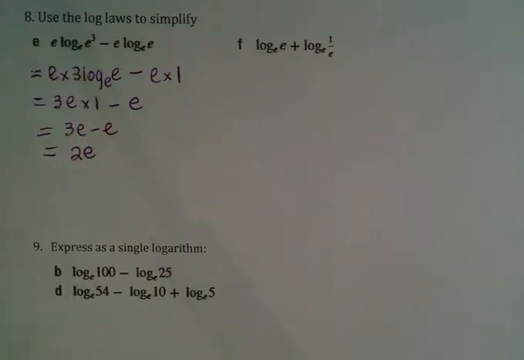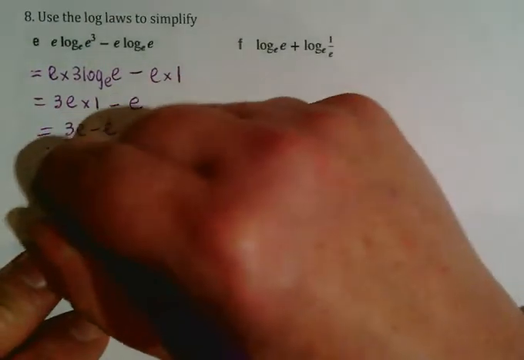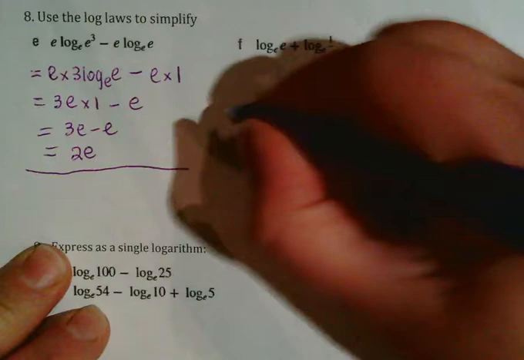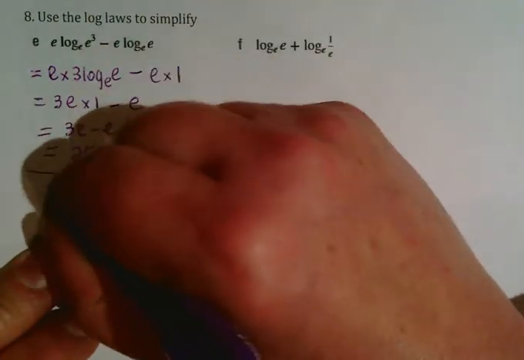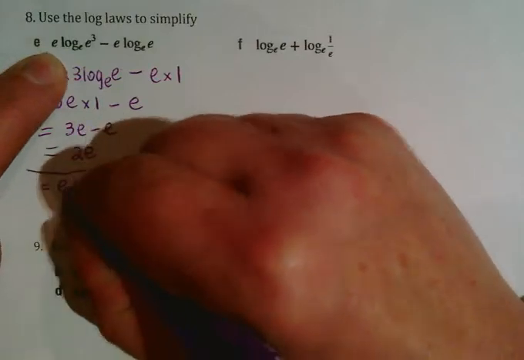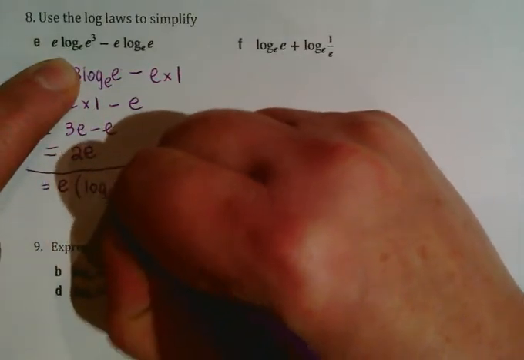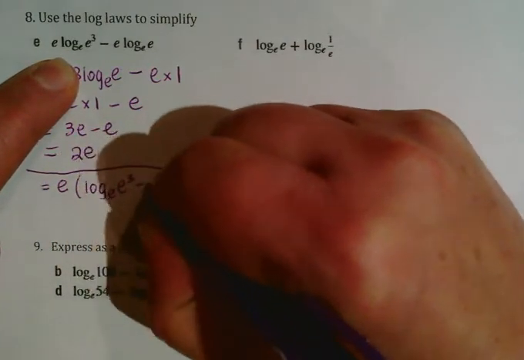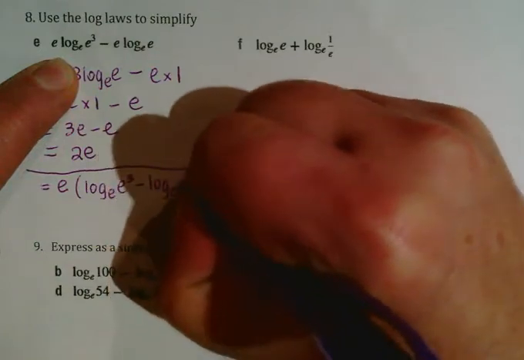Yeah, I probably would do it that way. There could be other ways that you could do it as well. I'm just going to use an alternative method here. Let's say we've got e, I decided to factorize it. I could say that's e times log to the base e of e cubed minus log to the base e of e.